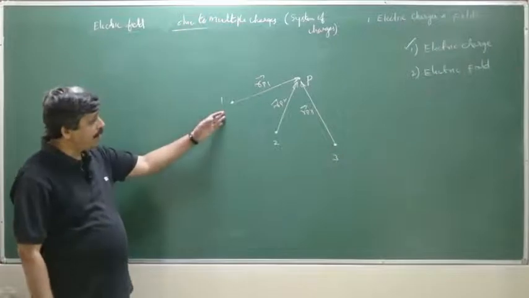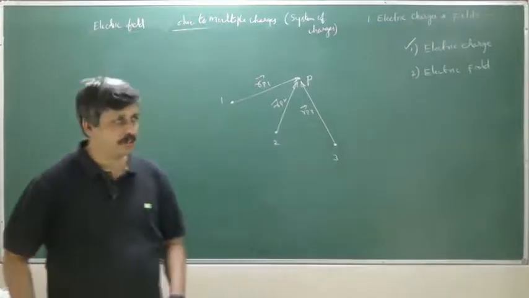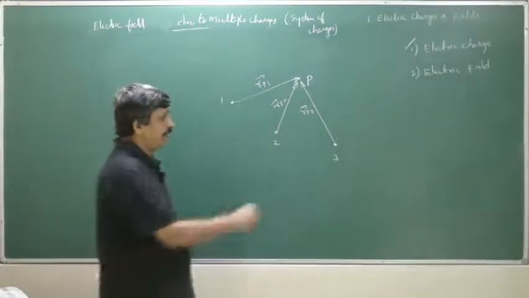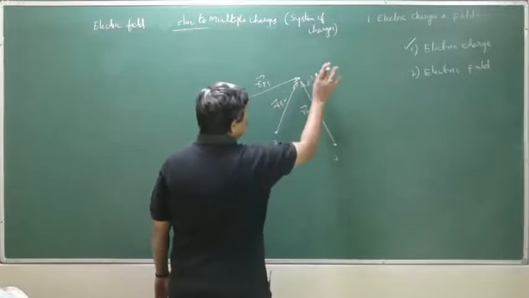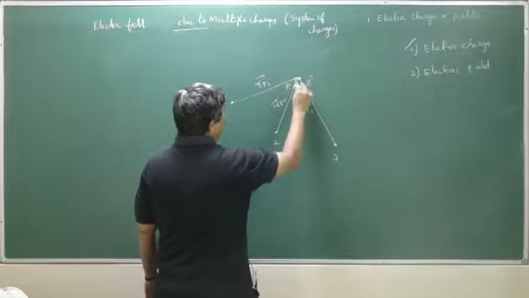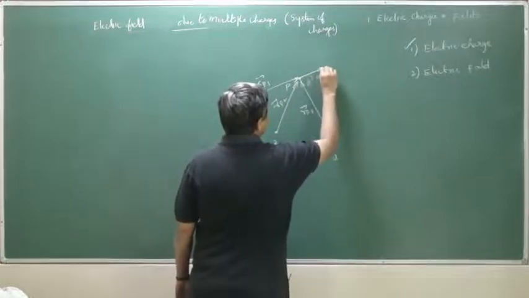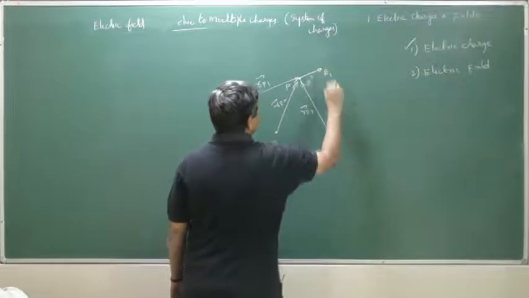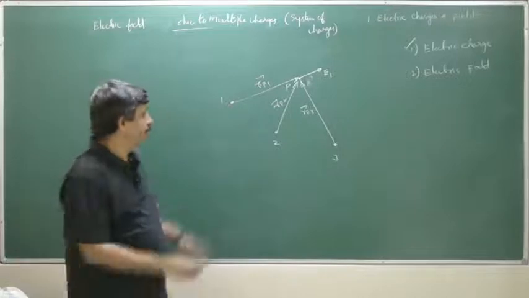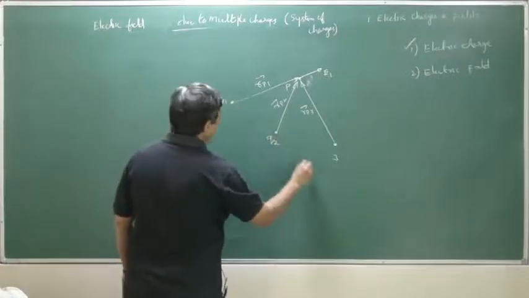Let us say these are all positive charges for the purpose of drawing the picture, but it holds for anything. So this is P, and now I will write down the direction of E. Let us say this is Q1, this is Q2, this is Q3.